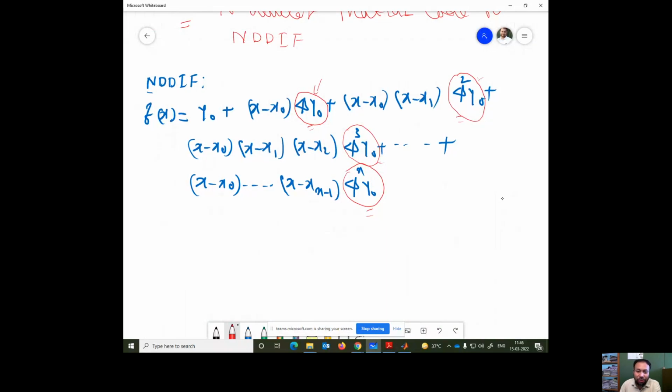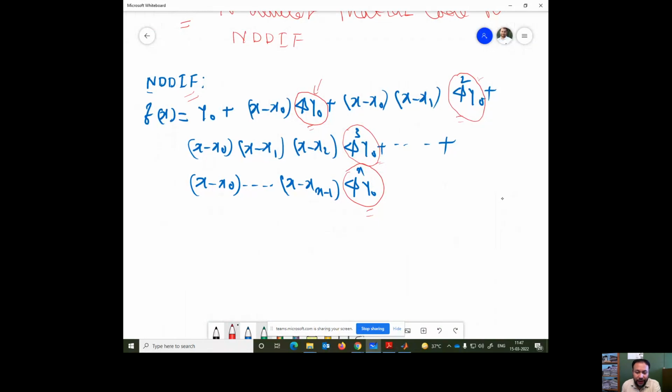Let us try to develop an algorithm for how we can calculate the value of y for a particular value of x with the help of the Newton divided difference interpolation formula.